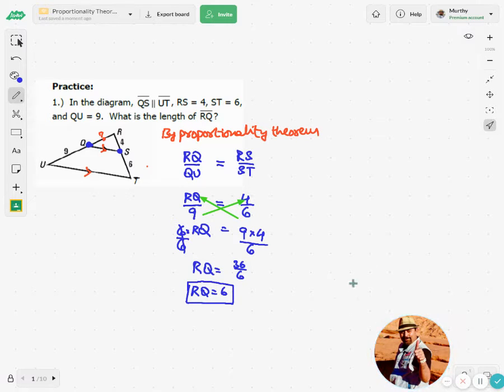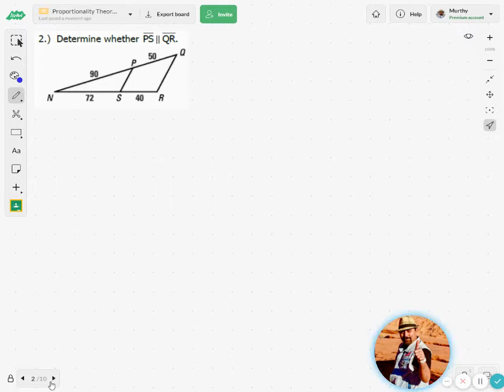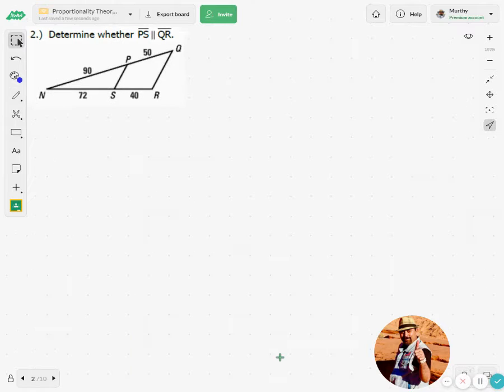Okay, now moving to the next question. Determine whether PS is parallel to QR or not. This is called the converse. What does converse mean? When a statement is given and you are checking backwards, that is called the converse. Let's read what the proportionality theorem is first.